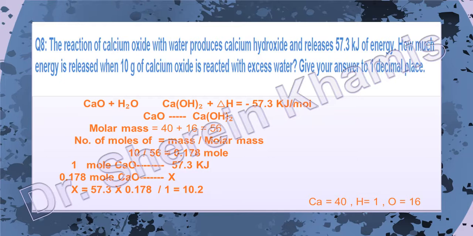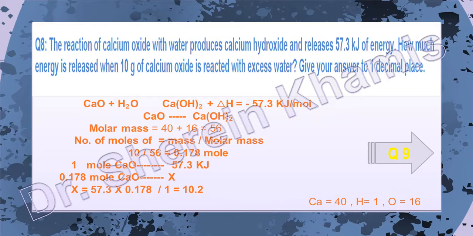We will get 10.2. So at the end of the reaction we have 10.2 kilojoules released when this amount of calcium oxide reacts. When we have 10 grams, it releases energy of 10.2 kilojoules.